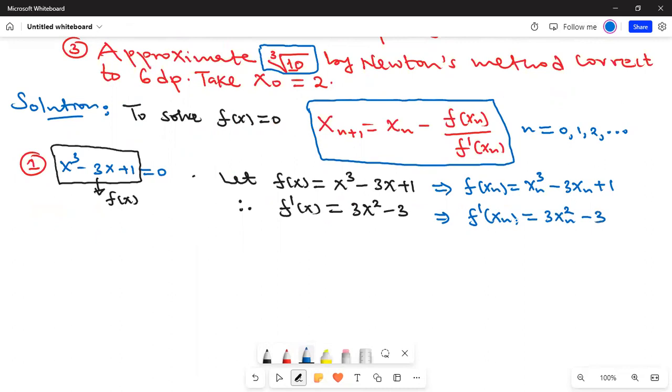So now go back to the formula. Therefore, x n plus 1 equals x n minus our f of x n, which is x n cubed minus 3 x n plus 1, divided by 3 x n squared minus 3. Now in this case, we are asked to find the root near 2.